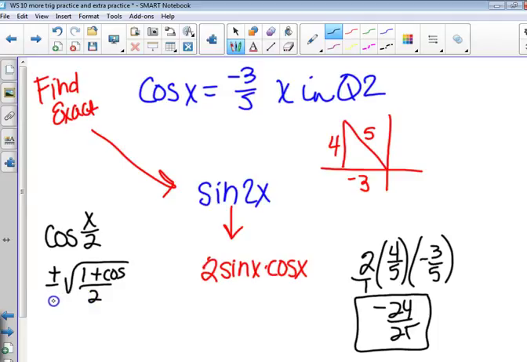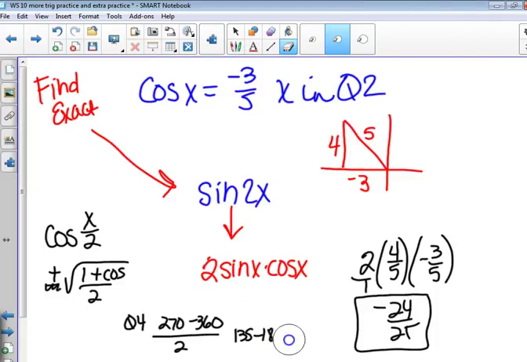And a quadrant 1 angle's cosine would always be positive. Okay? If it was, say, in quadrant 4 originally, you'd say, well, I'm between 270 and 360. If I cut those in half, I get 135 and 180, which is quadrant 2. And cosine in quadrant 2 is negative. Okay?